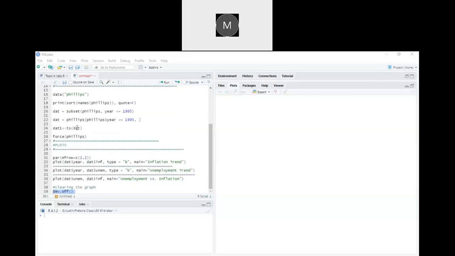To set the data, you are programming, or inserting a code that will inform the time series analysis. Then you also have to force. When you force, it's like you want all those data that were in cap form or the blank form to be recognizable by the system or the program.